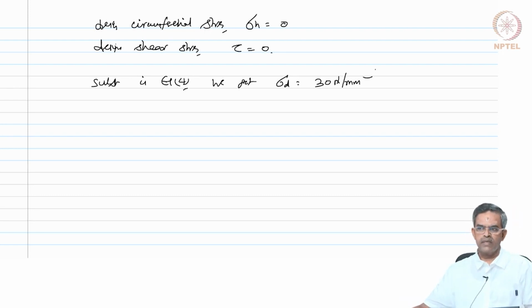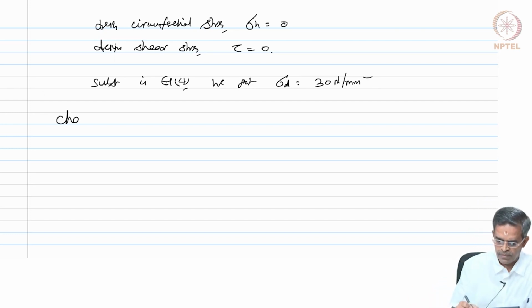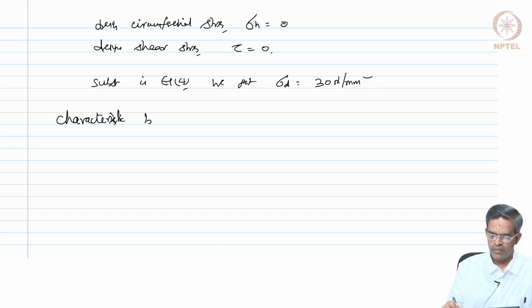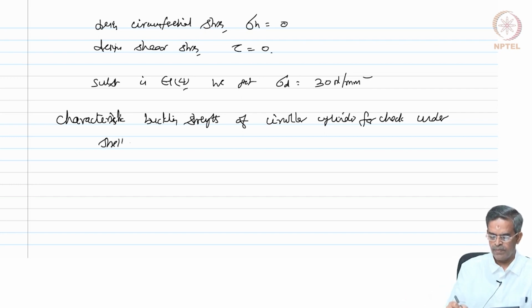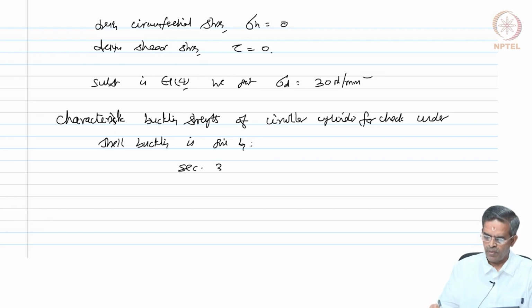The characteristic buckling strength of a circular cylinder under shell buckling is given by the following equation, in section 3.4.2 on page 15 of the code.